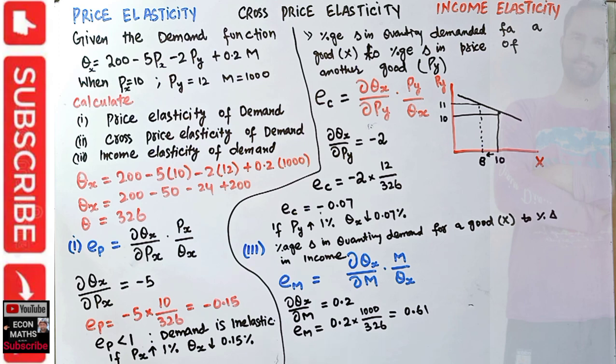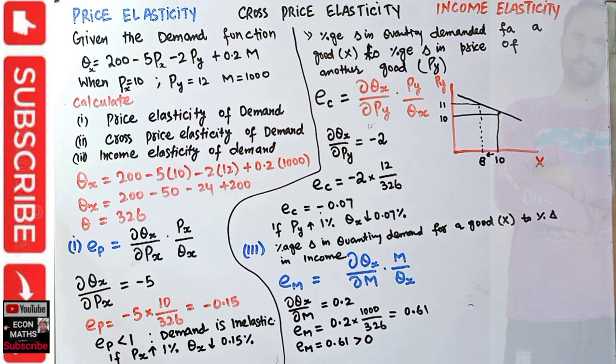First thing is, since income elasticity of demand is equal to 0.61, which is greater than 0, it denotes that good x is a normal good. Okay, when income elasticity of demand is greater than 0, we say the good is normal.